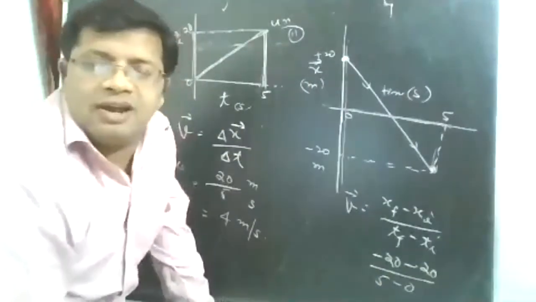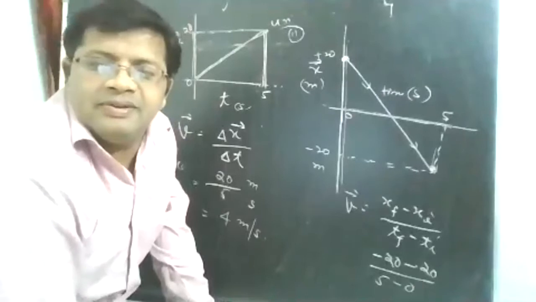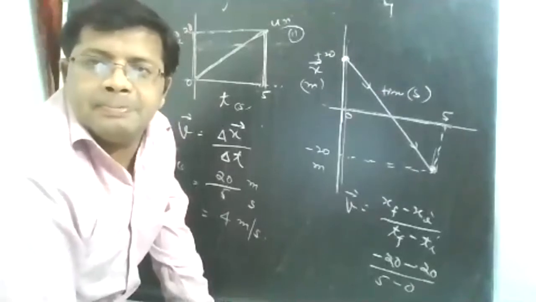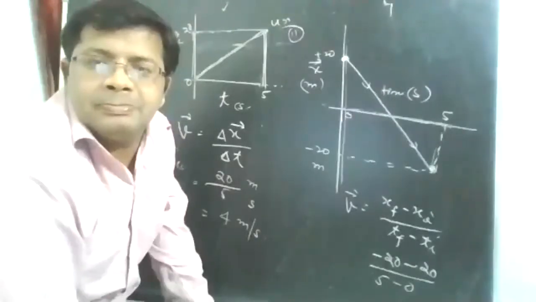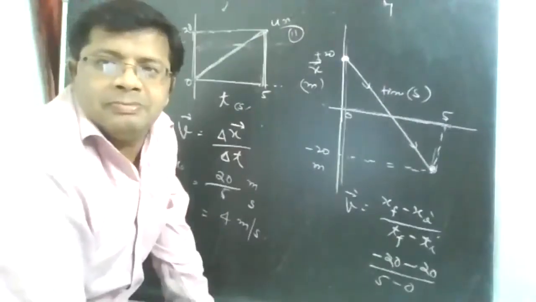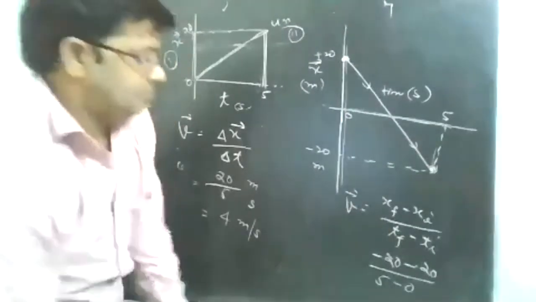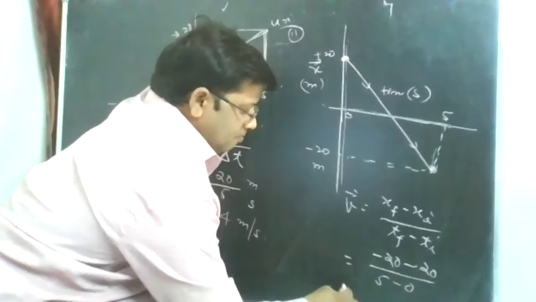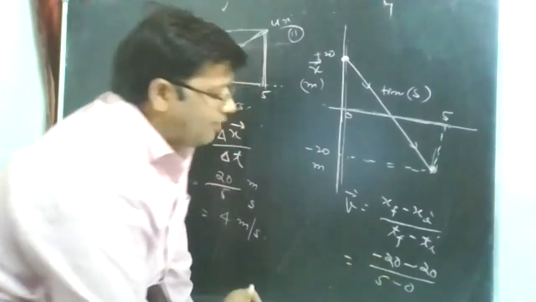So beta, what is the answer? The answer is minus 40 upon 5.